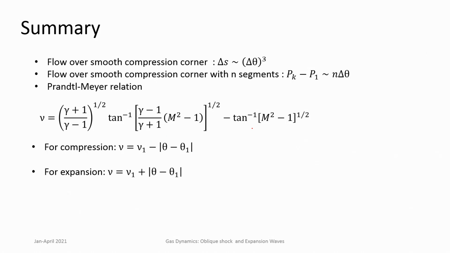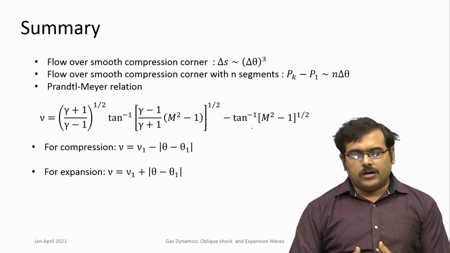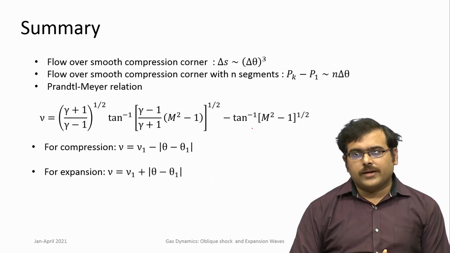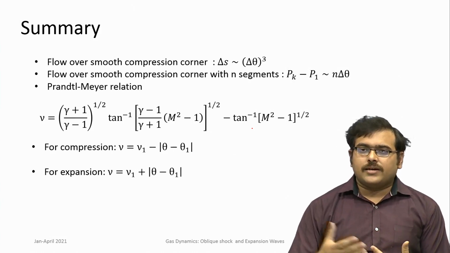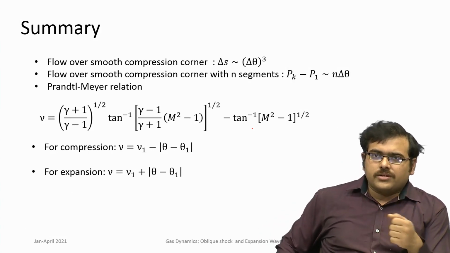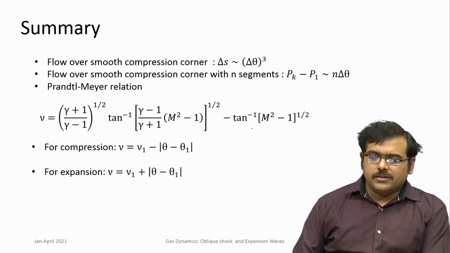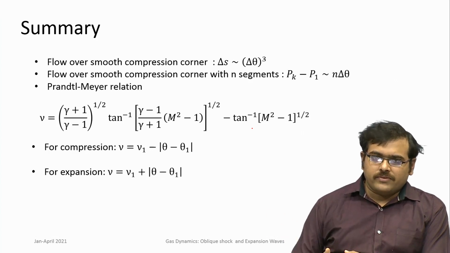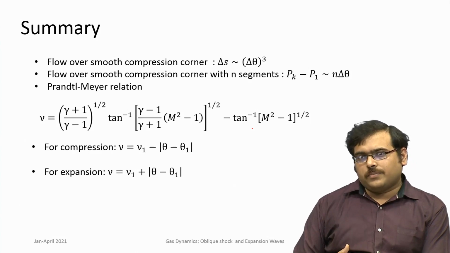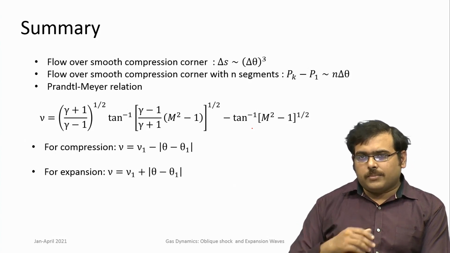So what we saw here is the analysis of expansion waves, and the way to look at this problem is starting from a smooth turn and showing that at the weak limit of oblique shocks you get Mach waves, and the entropy change is negligible there. So you can accomplish the same turn by a series of Mach waves, which is the case of an expansion fan, where the flow turns away from the incoming flow.